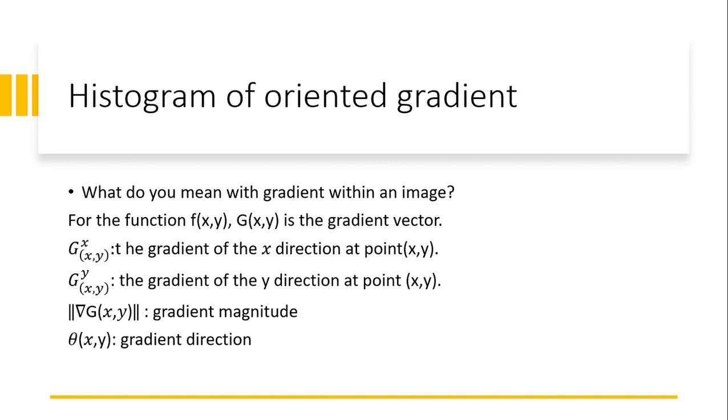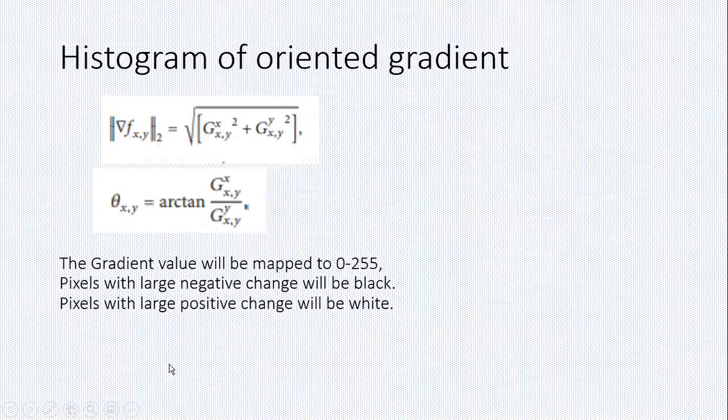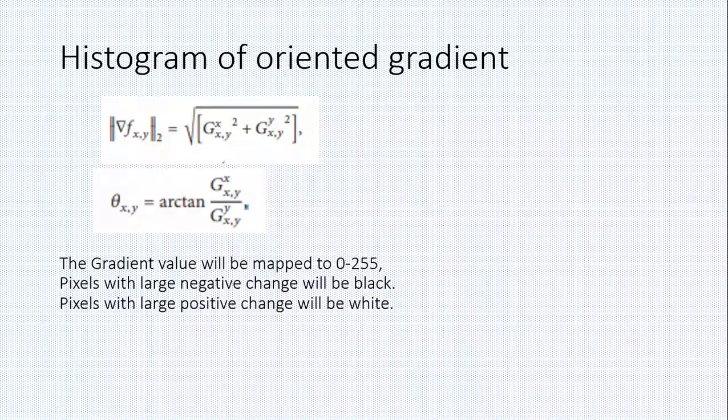Finally, after finding the gx of x, y and gy of x, y, I am supposed to find the gradient magnitude and the gradient direction. Let's see how to find the magnitude of the gradient. First, find the gx of x, y and take it to the power 2, plus gy of x, y taken to the power 2, and the summation all under a square root.